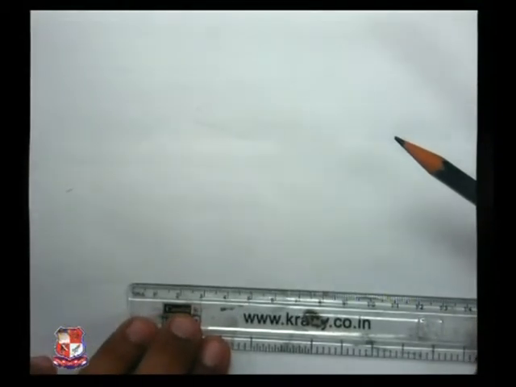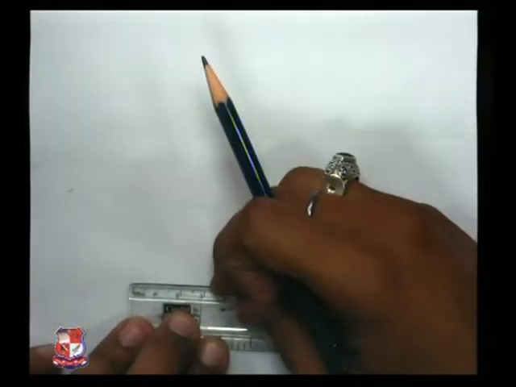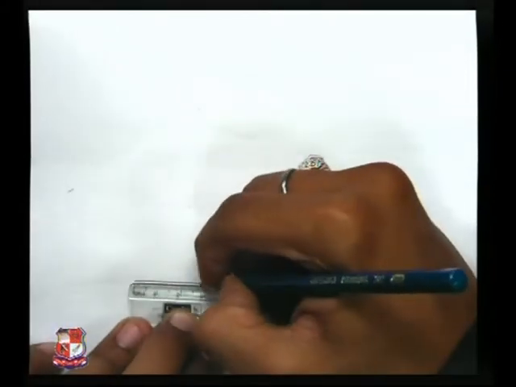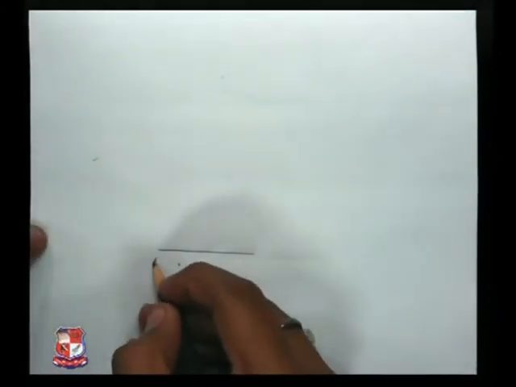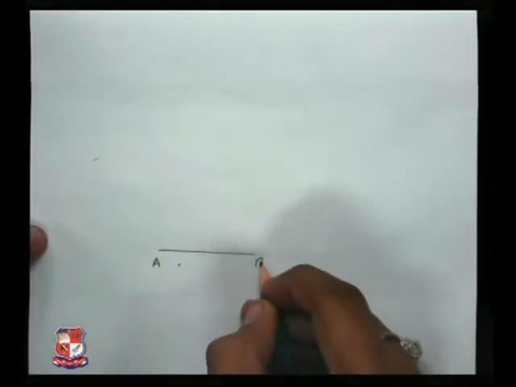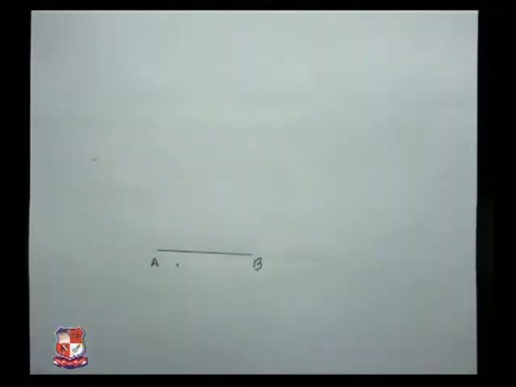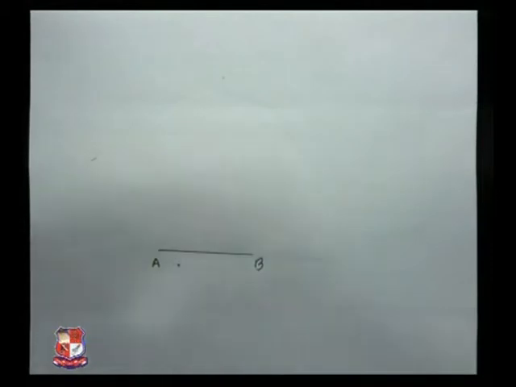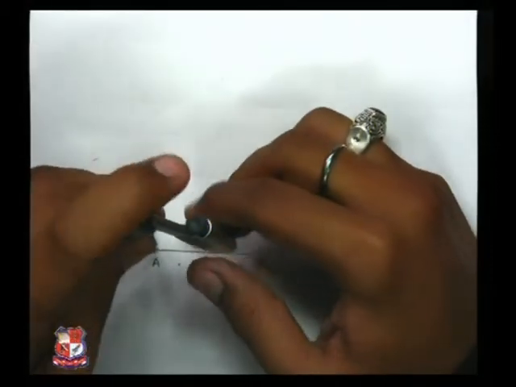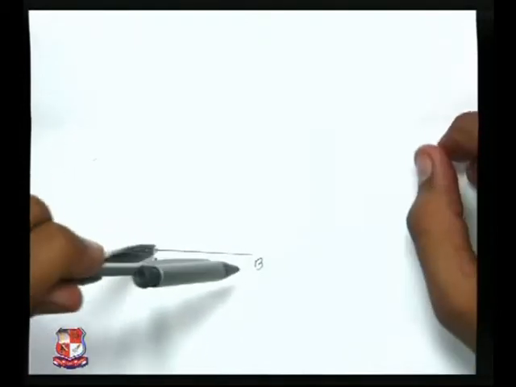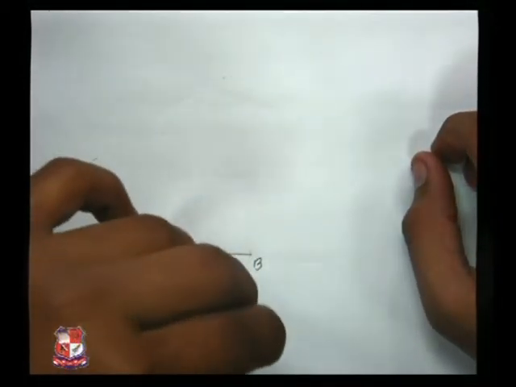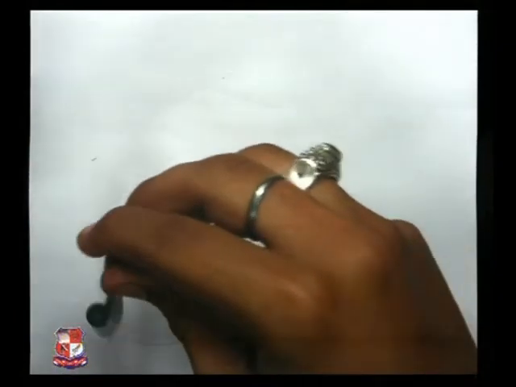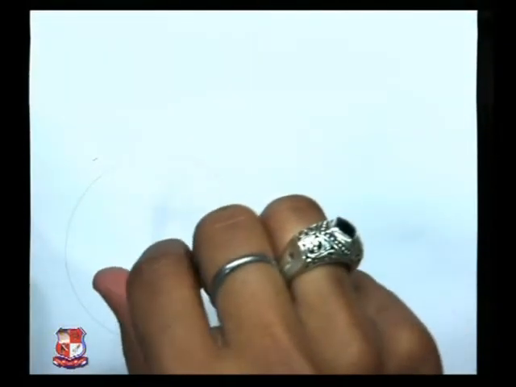As we are asked that we need to draw a pentagon of side 40 mm, so I am going to draw a line of 40 mm. I am going to name this line as A, B. Take A as center, AB as radius, draw a circle.